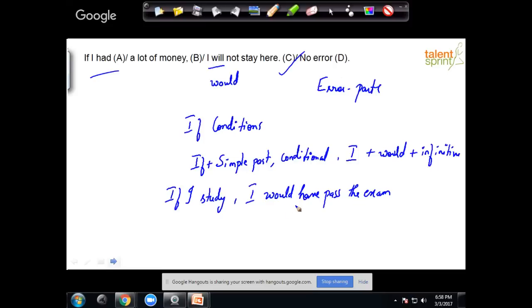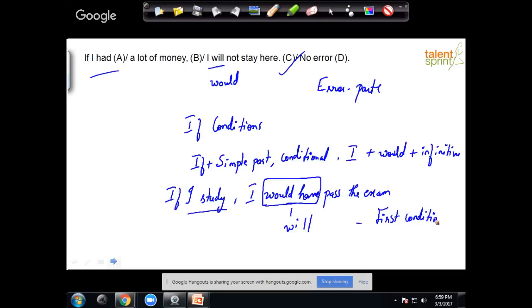You need to change would have to will. Why? This is a first conditional. If I study, simple present. If plus simple present, I will. This is a first conditional, right?